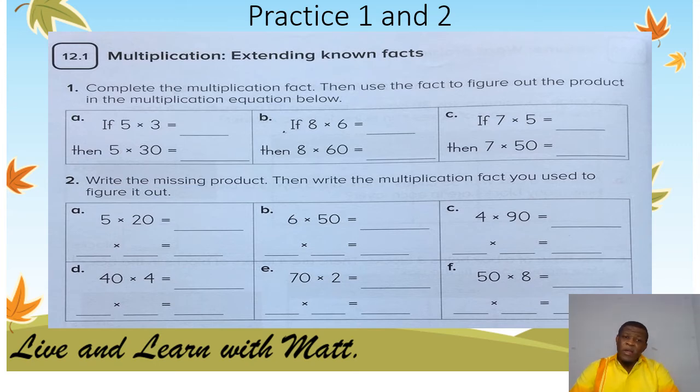Part A, if 5 times 3 is 15, then 5 times 30 will be 150.